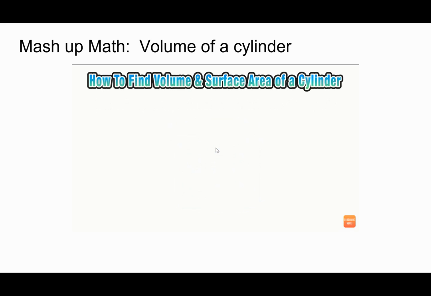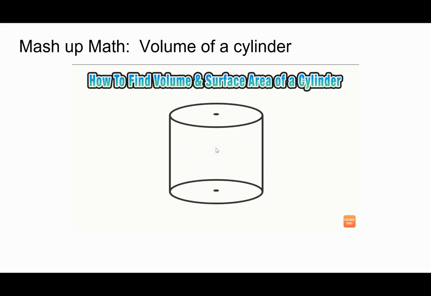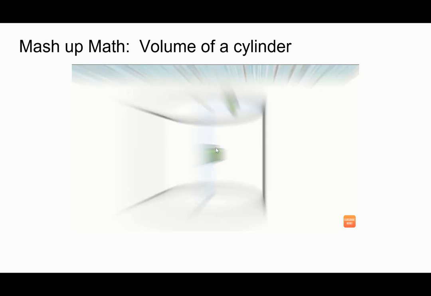So now let's direct our thinking towards finding the volume and surface area of a cylinder. Now we can find both of these things using a formula, provided that we have two pieces of information. That is the height of the cylinder and the length of its radius, which is the radius of the circle either at the top or the circle at the base, or really any of those circles in between that are inside the cylinder.